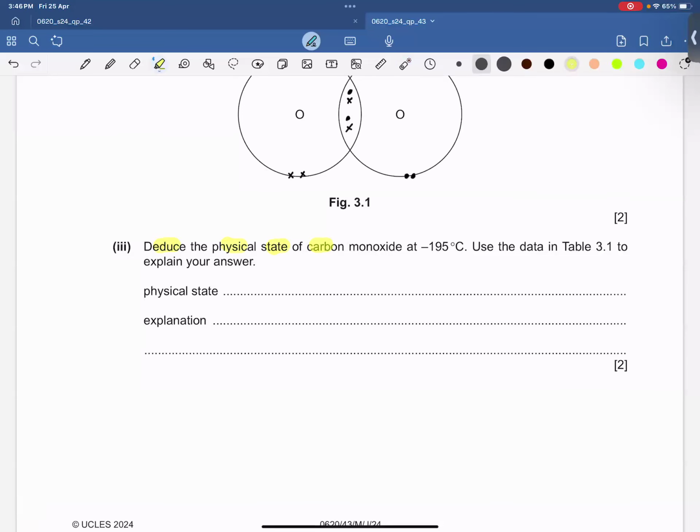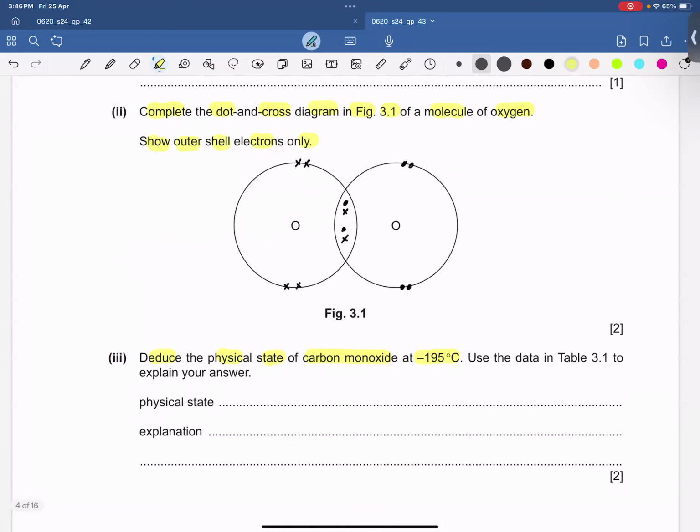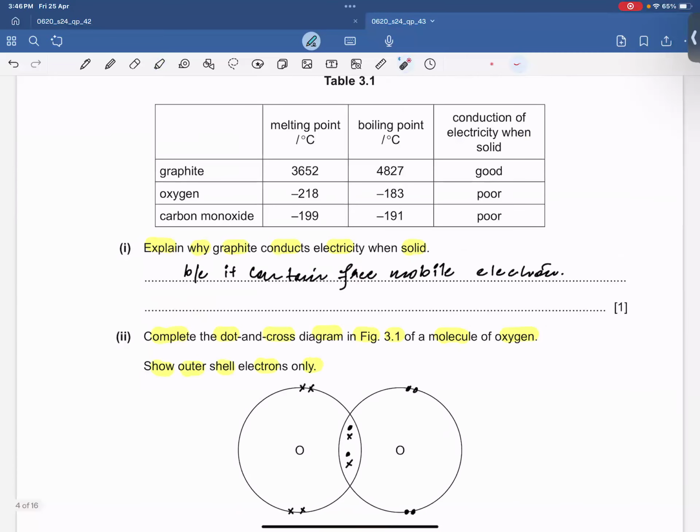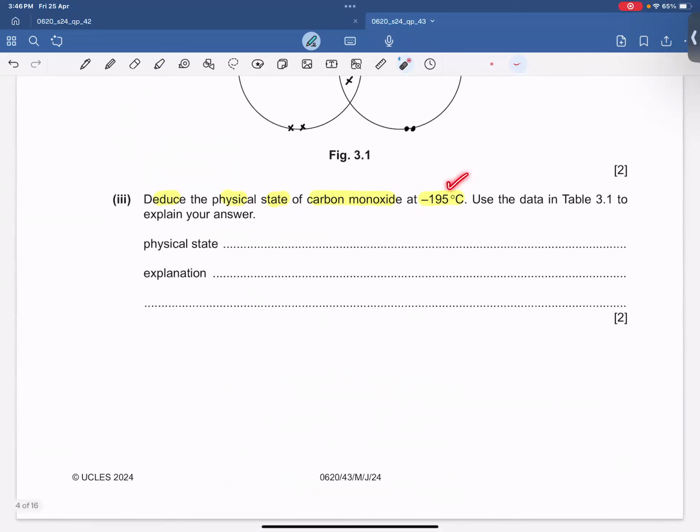Deduce the physical state of carbon monoxide at minus 195 degrees Celsius. Minus 195. Melting point is minus 199, or boiling point is minus 191. So examiner is looking for minus 195.